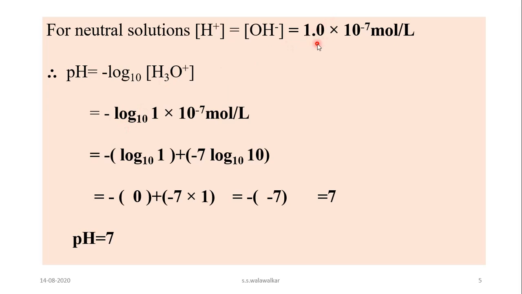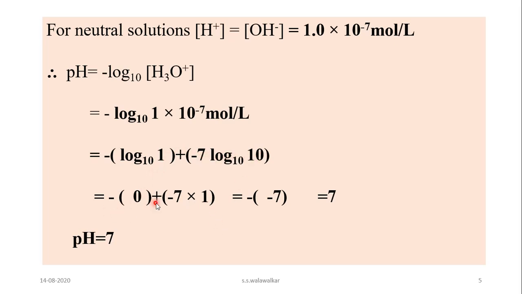If you substitute this value in the formula, you get minus log to the base 10 of 1 into 10 raised to minus 7 moles per liter, the hydrogen ion concentration. That is equal to minus [log to the base 10 of 1 plus minus 7 log to the base 10 of 10]. But log to the base 10 of 1 is equal to 0 and log to the base 10 of 10 is equal to 1.